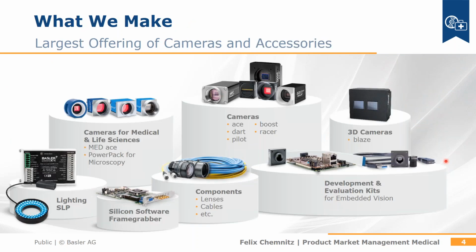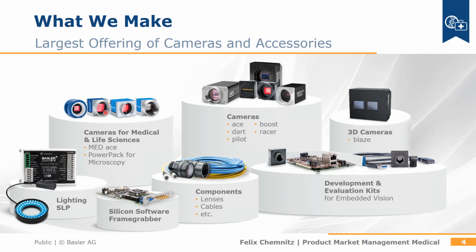To give you a further overview of our product lines, we have different cameras. Here you can see the area scan cameras as well as line scan cameras with different interfaces for the factory automation business, to inspect, for example, the production of mobile phones. We have a portfolio dedicated to the medical and life science field, with a separate production line, which is ISO 13485 certified.